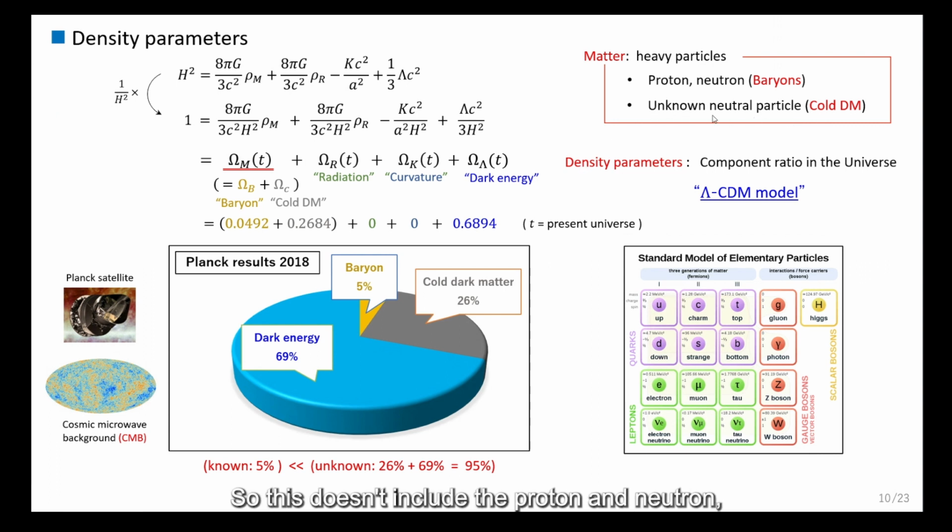This doesn't include the neutron, but we don't know what this dark matter is, so we just write omega C here. It has a ratio of 27%: cold dark matter exists at 27%. Radiation is a very negligible component, and the curvature is almost zero. But dark energy makes up around 69% of the components here.